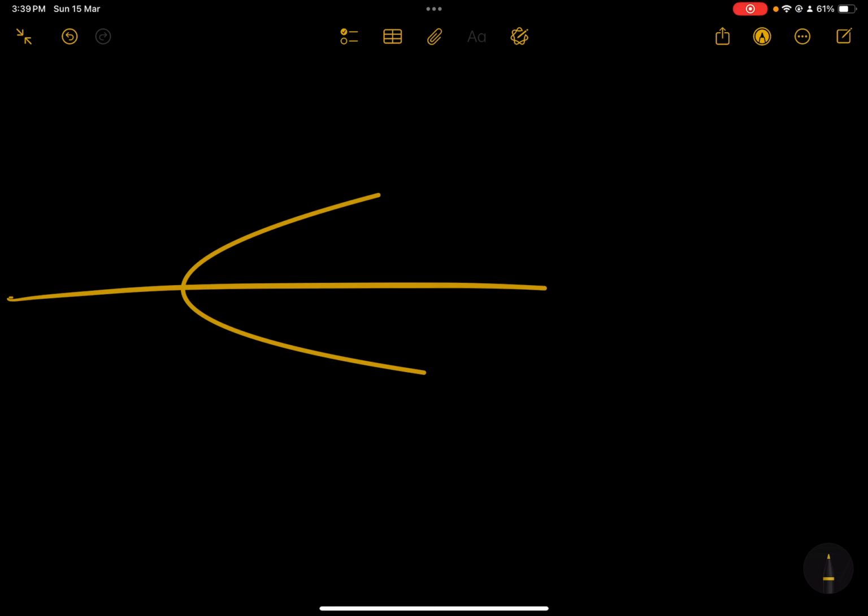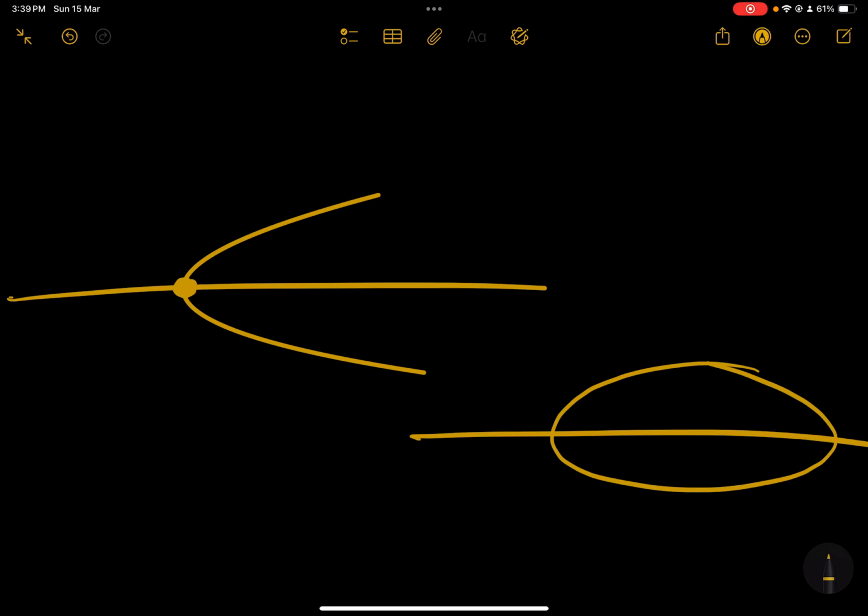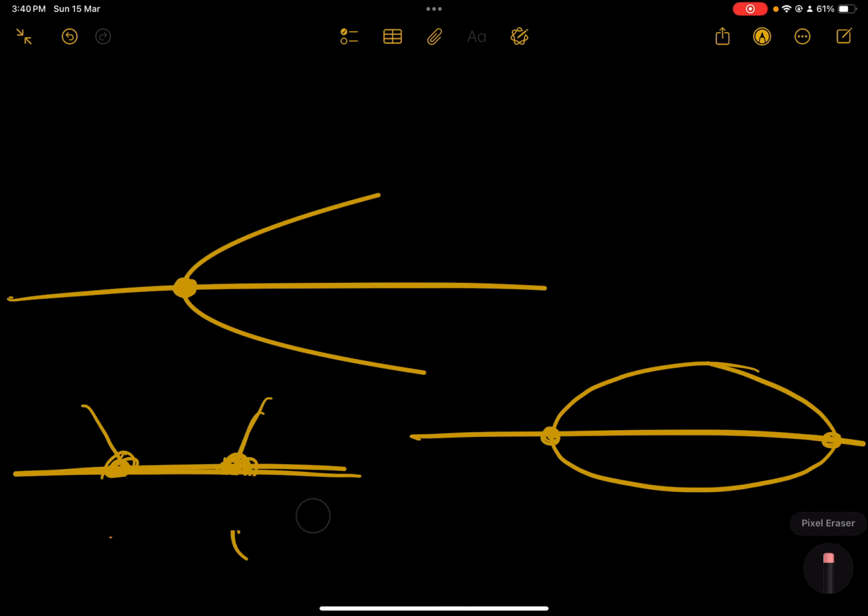So this is your conic section, in this case a parabola, and this is your axis, and the place where these two intersect is called the vertex. A parabola has only one vertex, an ellipse will have two vertices. All right, a hyperbola will also have two vertices. So this is the place where your conic section intersects with your axis.